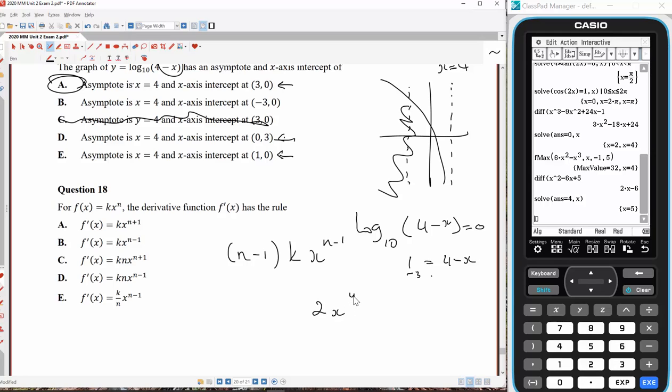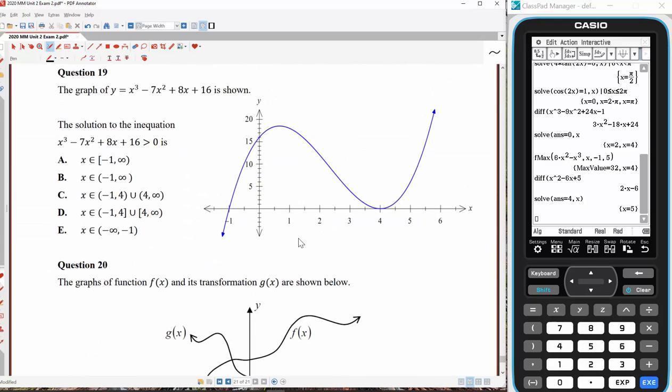I'm getting Year 12 integral calculus mixed up here. So it's going to be kn x to the n take 1. You multiply by n first and then take the power down by 1. So there you go. Nearly stuffed that one up.